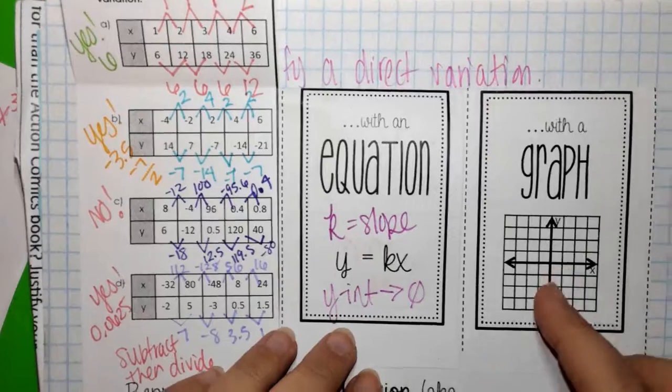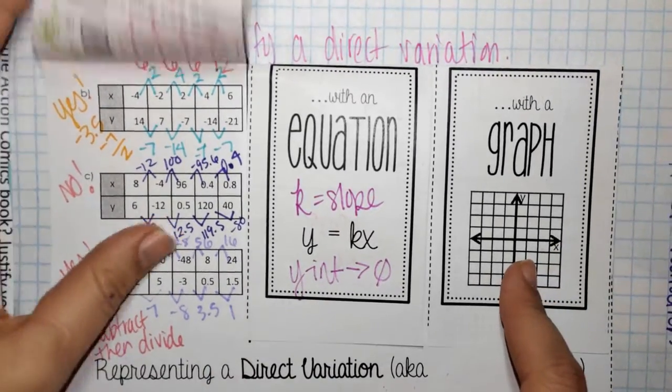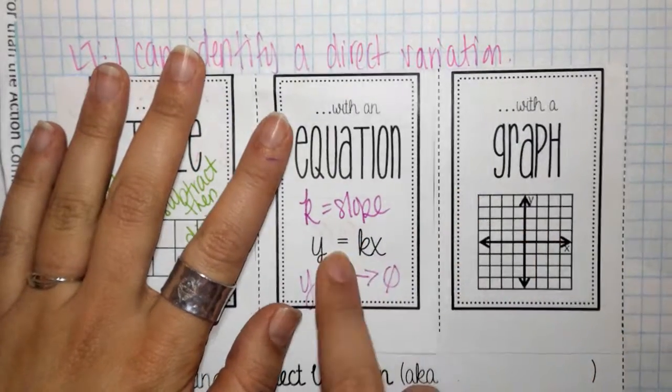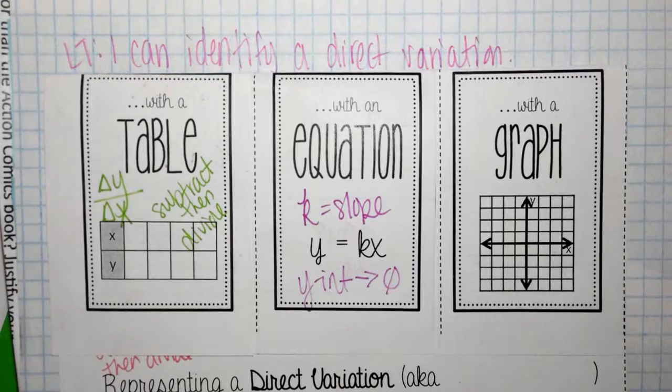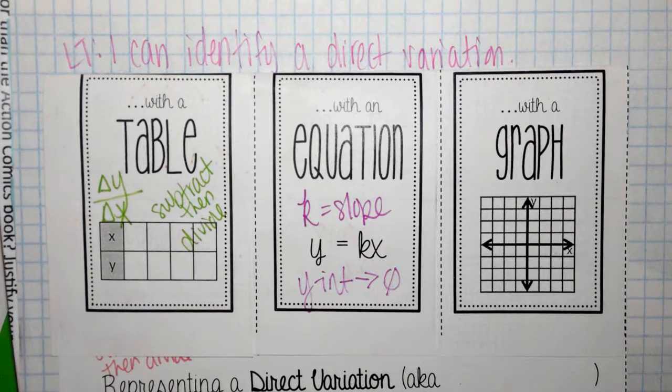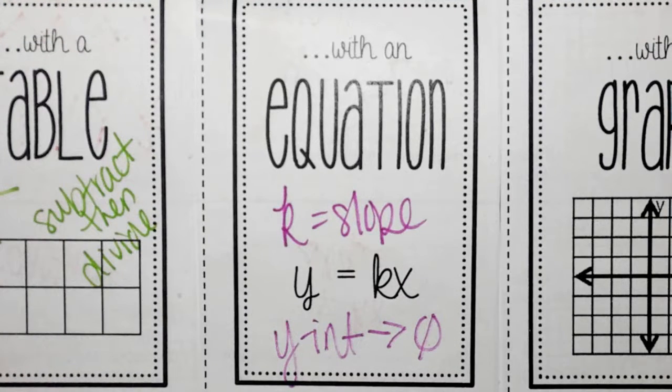Now, when we are looking at an equation, remember k is our slope, and our y-intercept has to be 0. The y-intercept has to be 0. So what other form did we talk about yesterday that this is kind of similar to?